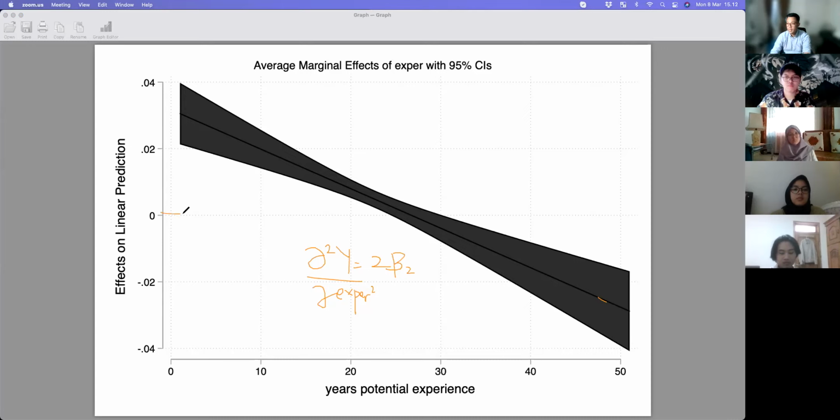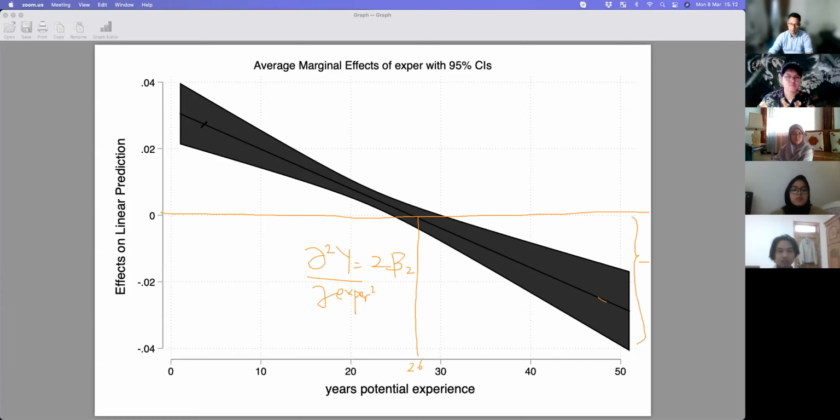Another interesting thing is that after the 26th year, the estimated effect of experience is going to be negative. So this is the illustration of the marginal effects.